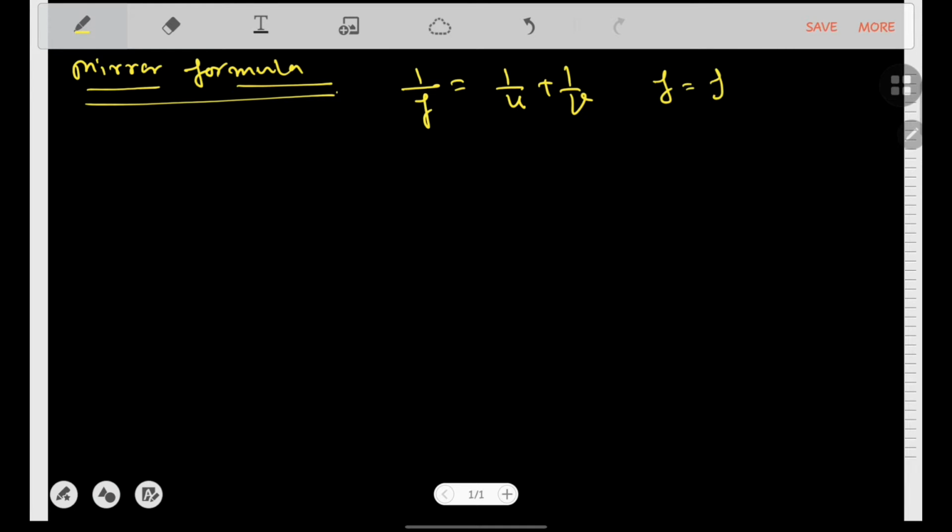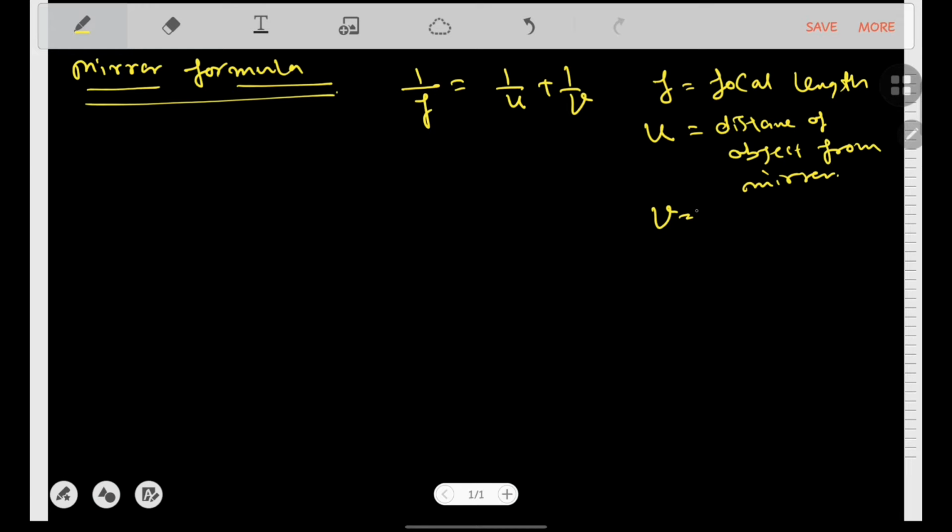F stands for focal length from the mirror, especially from the pole of the mirror. Okay, now what is U? We all know it is actually the distance of the object from the mirror. What does V stand for?